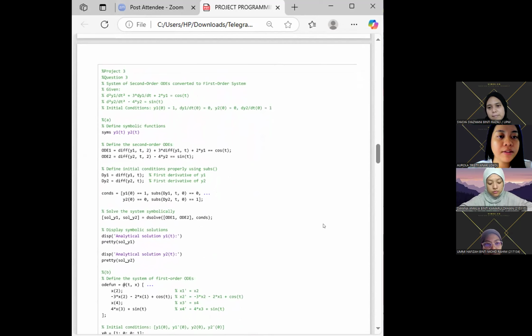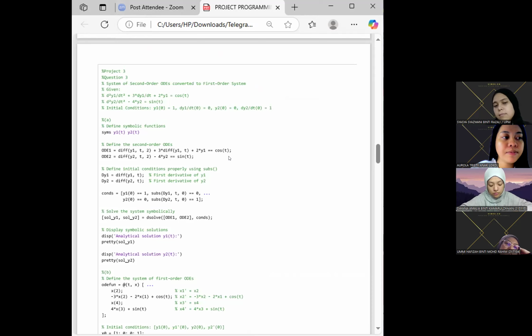So for part A, we are given 2 second order differential equations. The first one is ODE1, which is d squared y1 over dt squared plus 3 dy1 over dt plus 2y1 equals cos t. For ODE2, d squared y2 over dt squared minus 4y2 equals sin t.